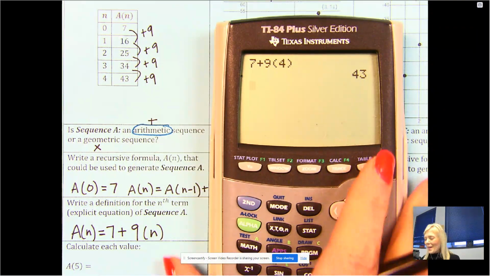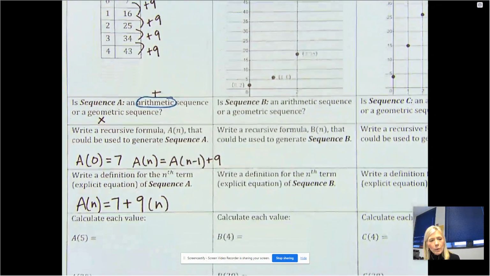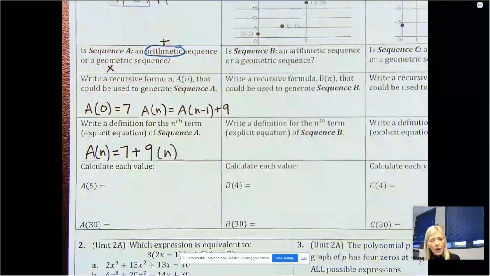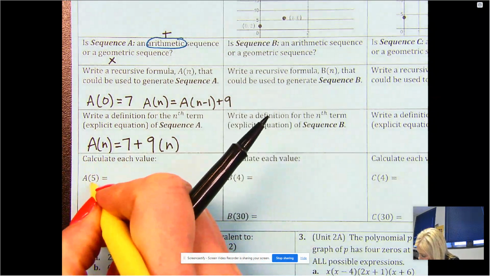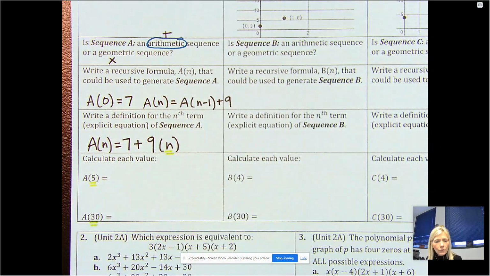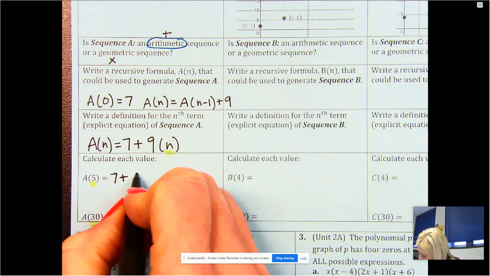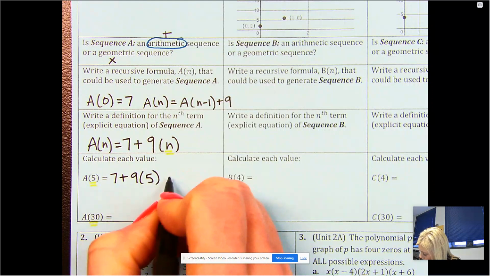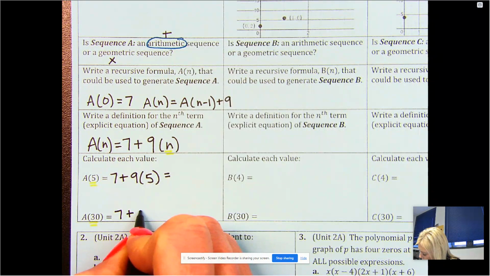So that tells me I made my rule correctly because it worked. Yay. So that's all I'm going to go over for, oh, just kidding, there are 2 more parts: A of 5 and then A of 30. Now that you have a rule made, you replace the n in your rule with 5 and find the answer. So 7 plus 9 times 5, and then do the same thing for the 30.